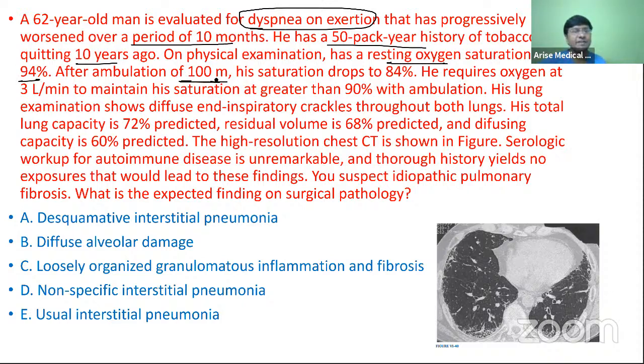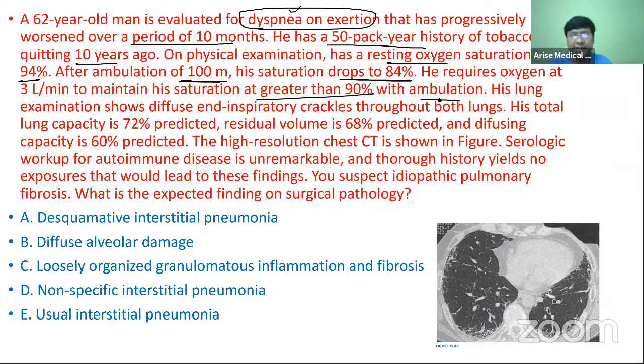After ambulation for 100 meters, that means after walking for 100 meters, his saturation drops to 84%. He requires oxygen at 3 liters per minute to maintain his saturation at greater than 90% with ambulation.